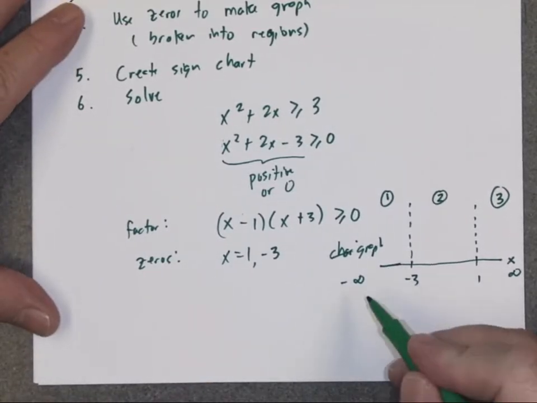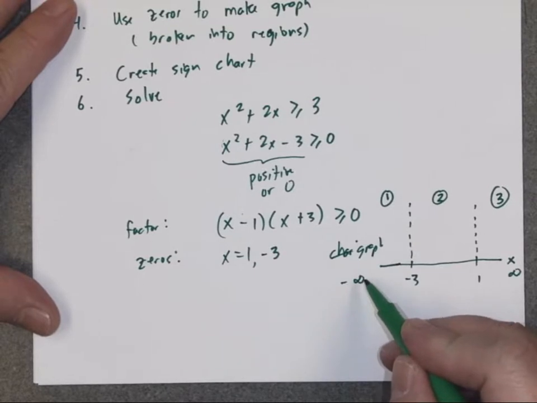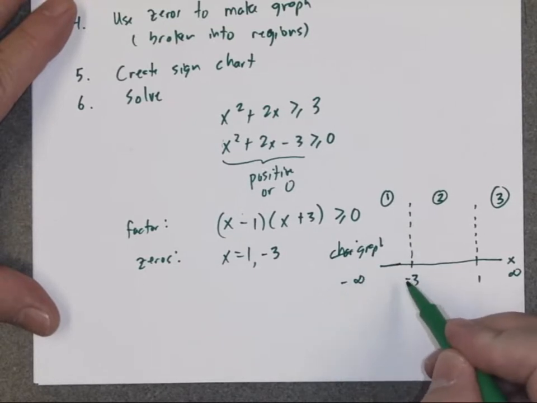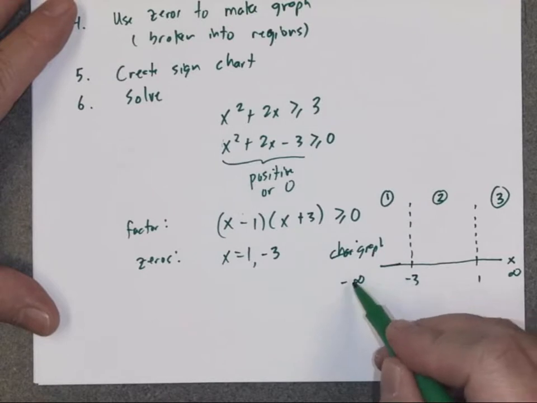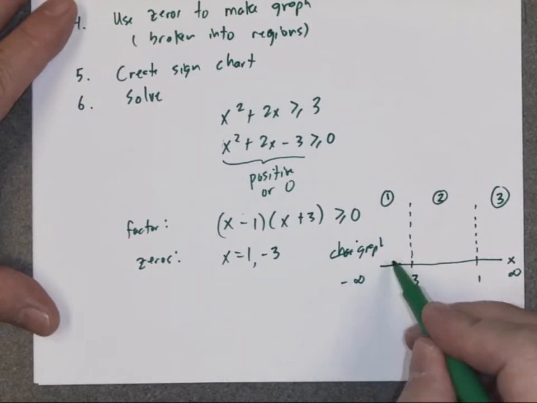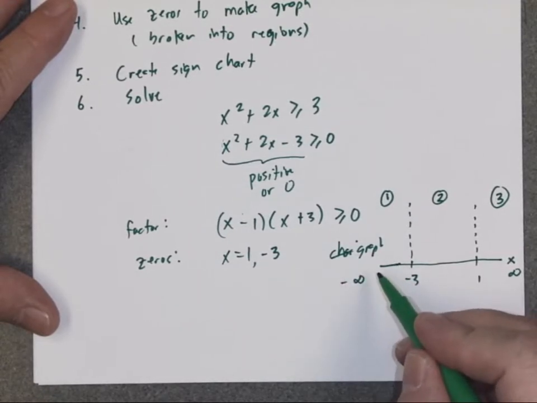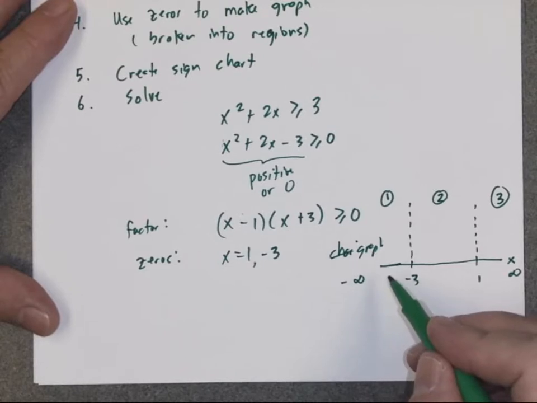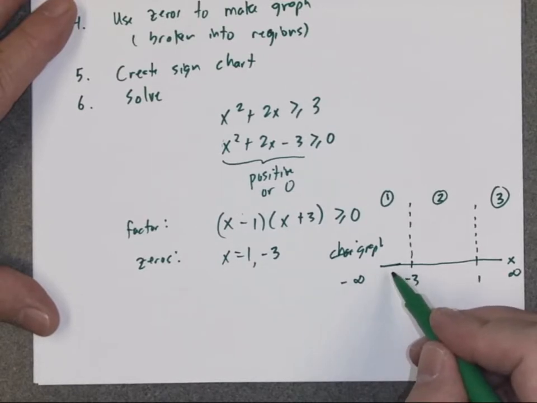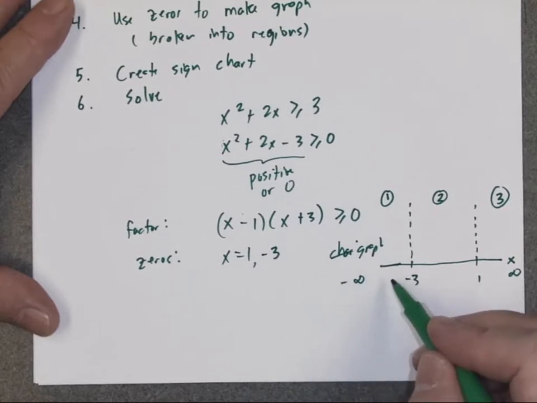Region 1, x is going to be between -infinity and -3. What happens is if I pick any value of x in region 1, in other words, I can pick -10, -7, -5, -4, all those values of x are in region 1.